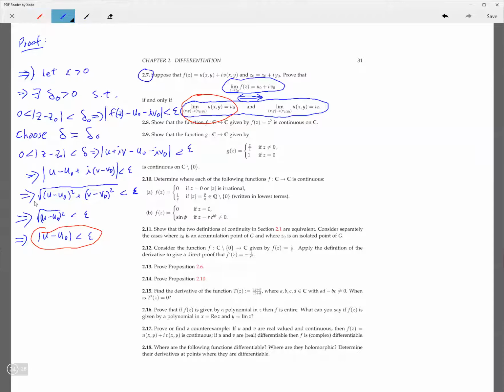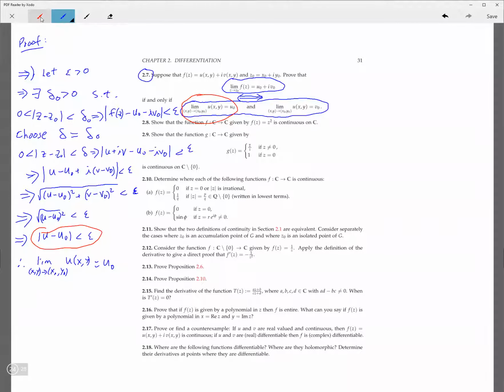So therefore, the limit as x y goes to x naught, y naught of u of x y equals u naught, because that u minus u naught is less than epsilon. So we pretty much have that implies the first one.